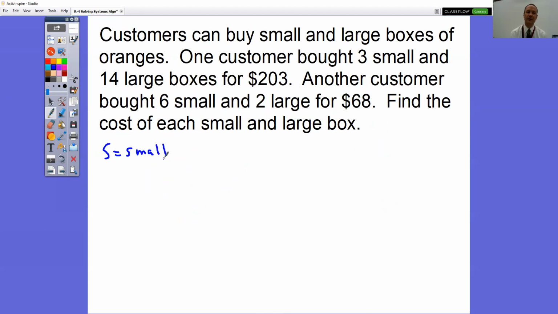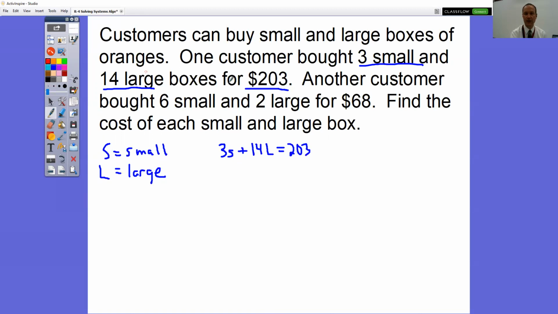So it says customers can buy small boxes and large boxes of oranges. So I'm going to let S equal small, and I'm going to let L equal large. It says one customer bought 3 small and 14 large boxes for $203. So 3 small is going to be 3S plus 14 large, 14L equals 203.